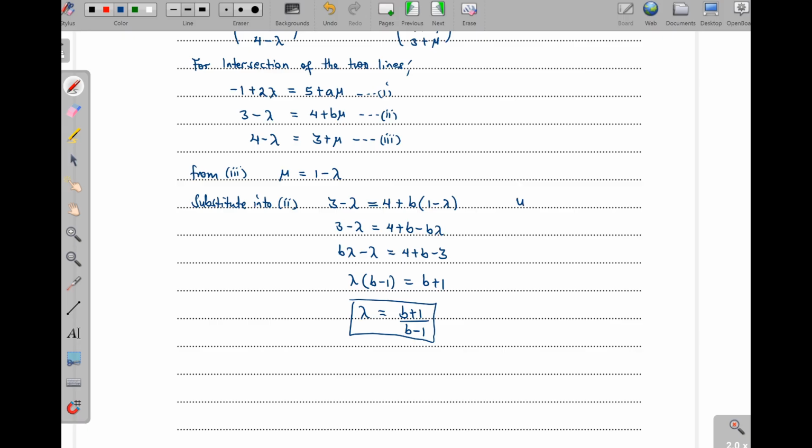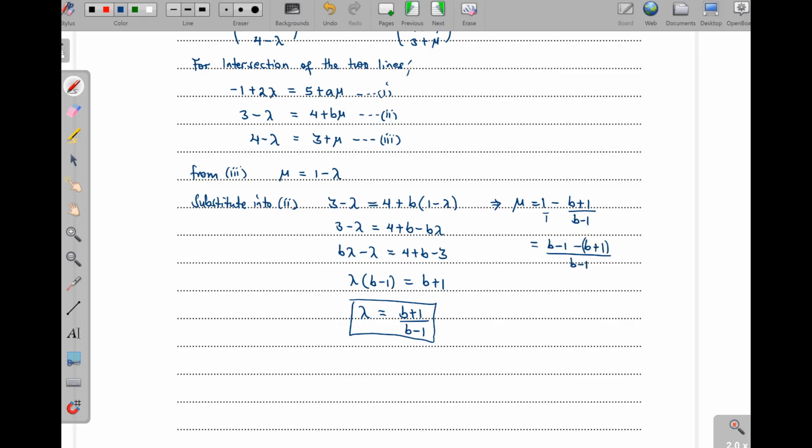So our mu shall be equal to 1 minus the lambda, which is (b plus 1) out of (b minus 1). Of course, this one is over 1, so get this times that, you will get b minus 1, then minus this one will affect everything here. So b minus, then minus 1, then out of b minus 1.